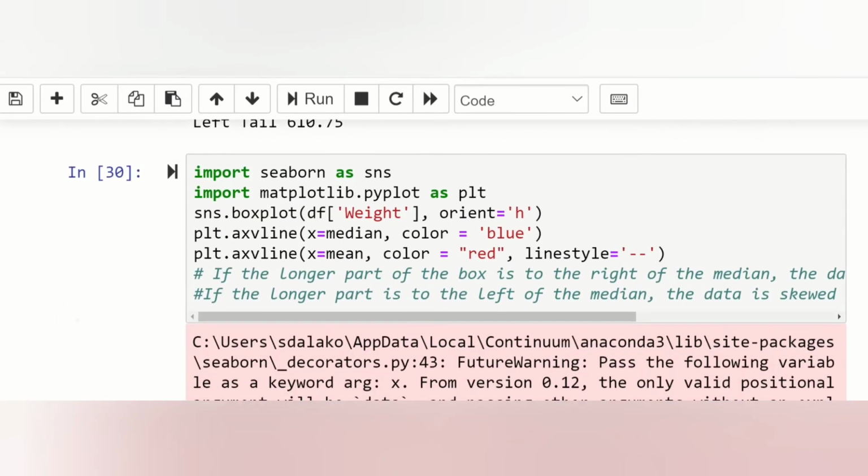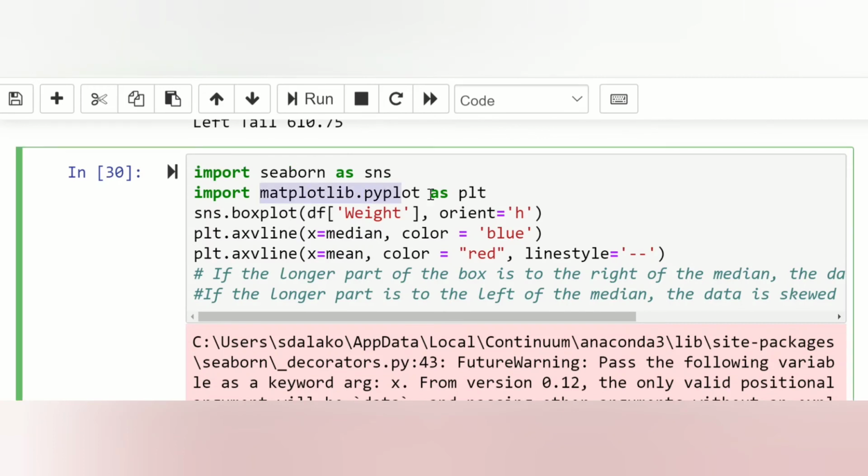Let's move ahead. I'm simply importing the necessary libraries like Seaborn and Matplotlib, and plotting a box plot, sns.boxplot for the weight attribute, and I am using colors for the median and mean as well.